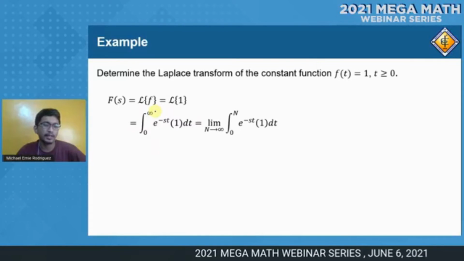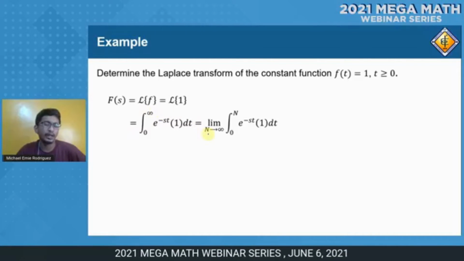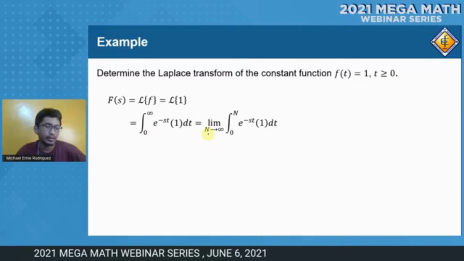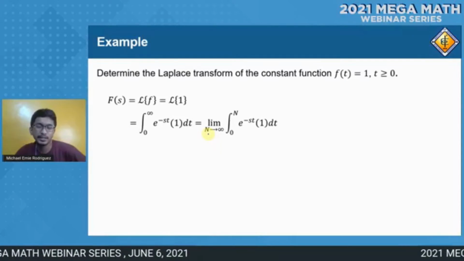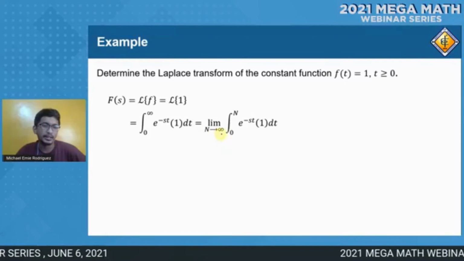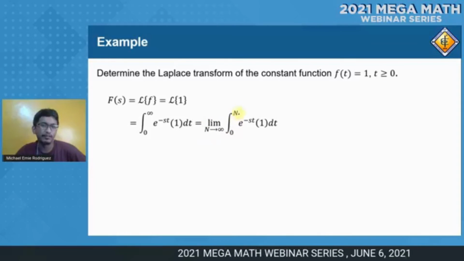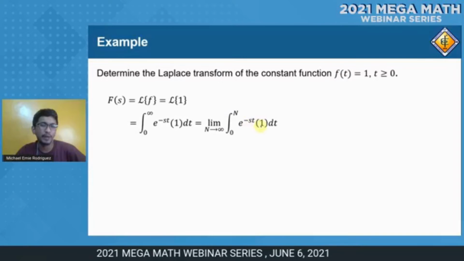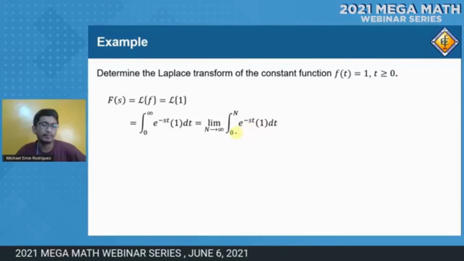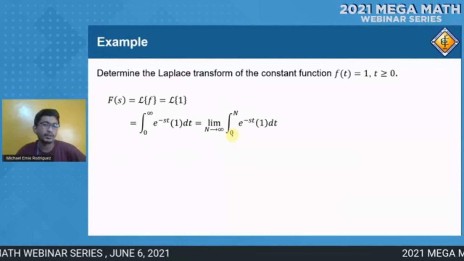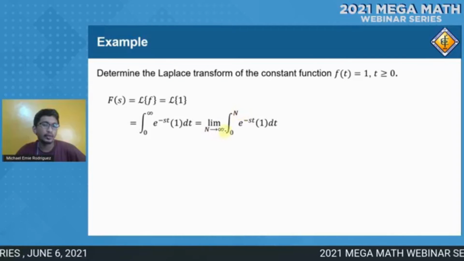So para ma-solve natin to, we use the concept of limits. So we have now the limit of the integral of e raised to negative st times 1 dt from 0 to n, with n approaching infinity.